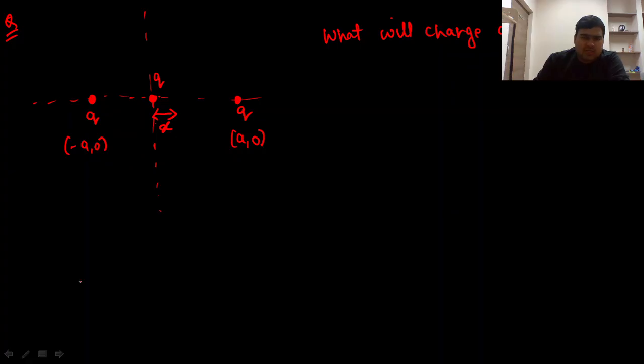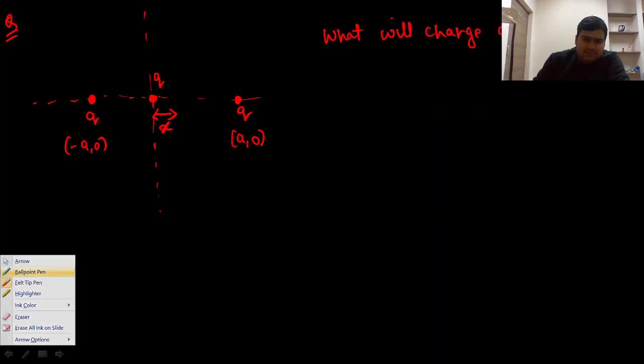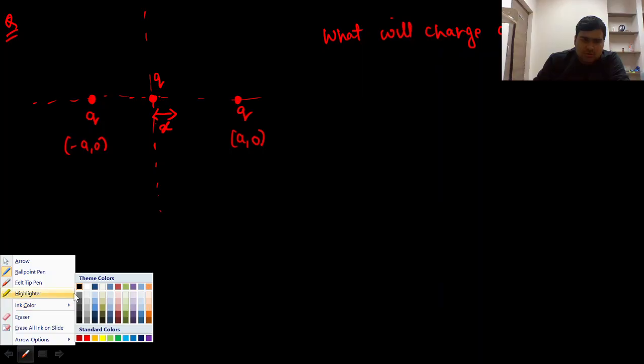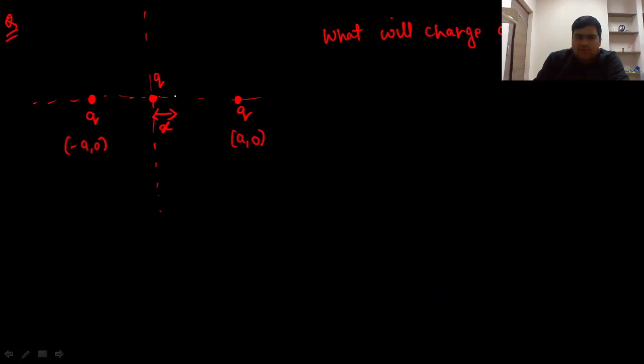I'm asking what the charge will do. So the answer to this question is that when we shift the charge over here, I'm going to draw the FBD: this is force 1 and this is force 2 acting on it. I can say that F2 will be greater than F1. Why?